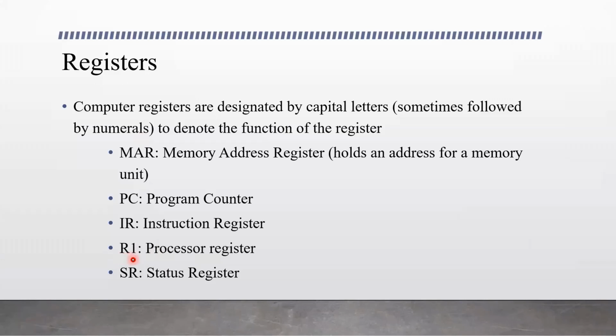R1 represents the first register and R2 the second register. And SR is another register that shows information about the status or state of the processor. This is how registers are represented using this symbolic language.